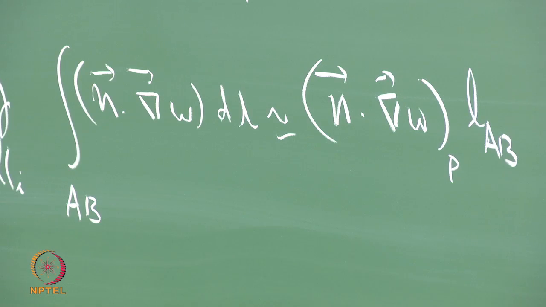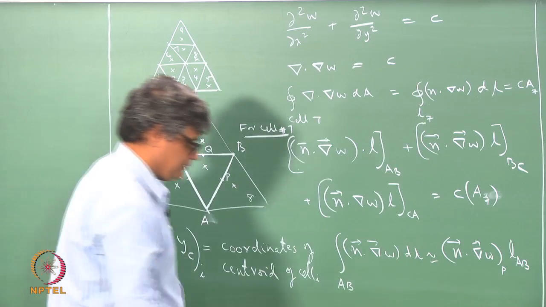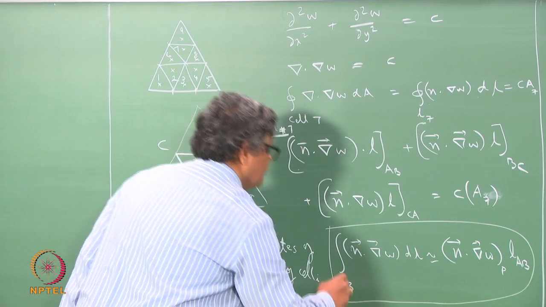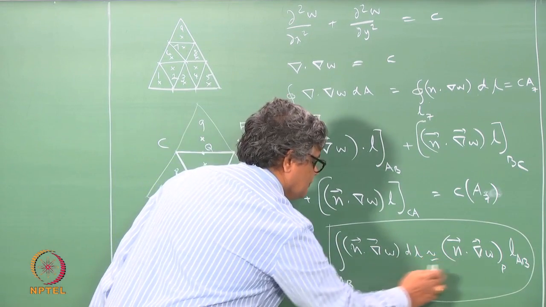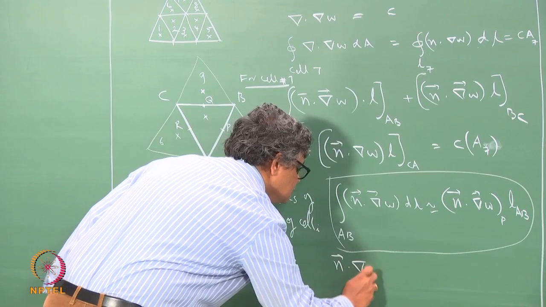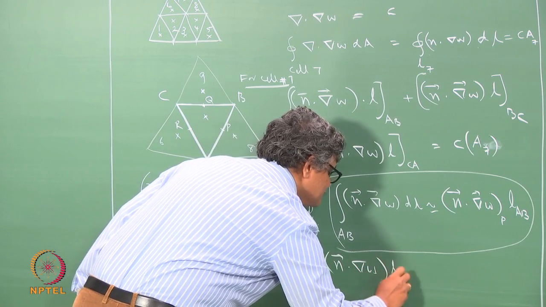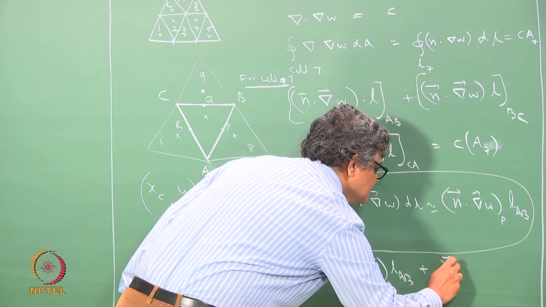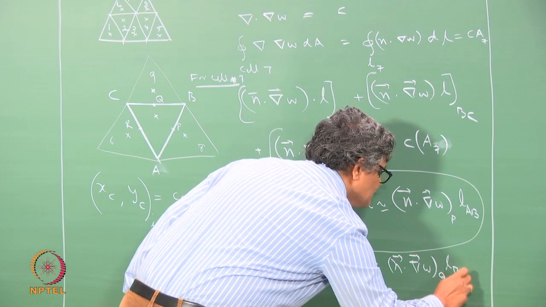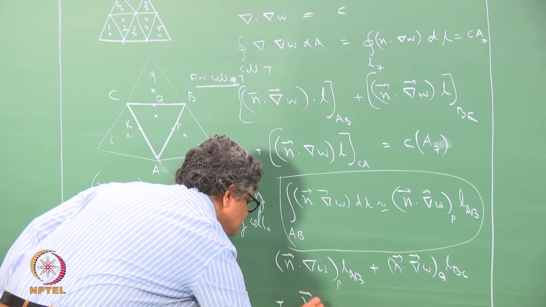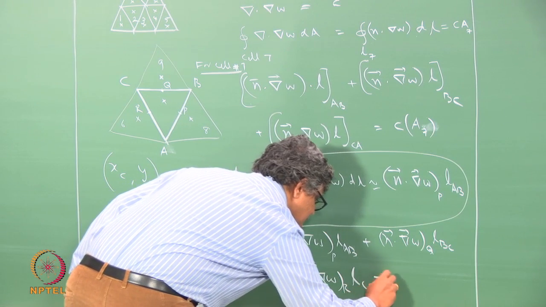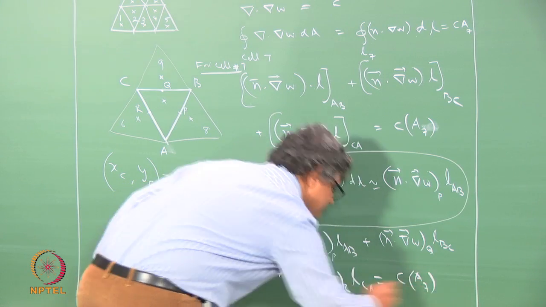Using this approximation, we can write this as n dot gradient at P times LAB, plus n dot gradient at Q times LBC, plus n dot gradient at R times LCA, equal to C times the area of cell 7.